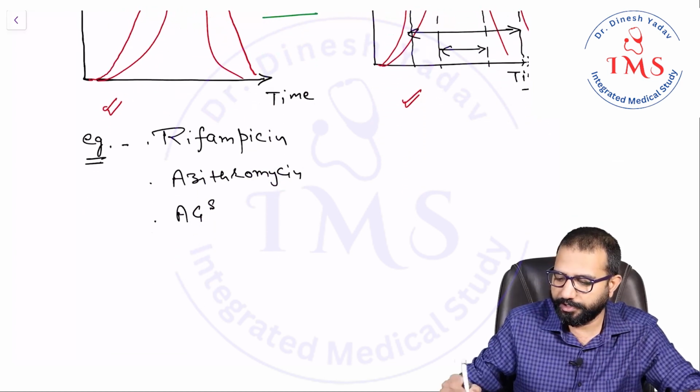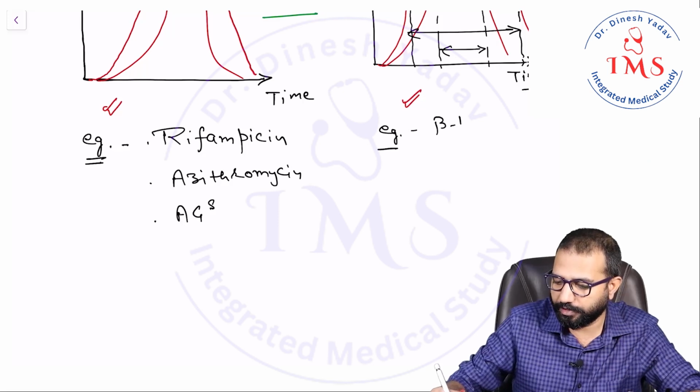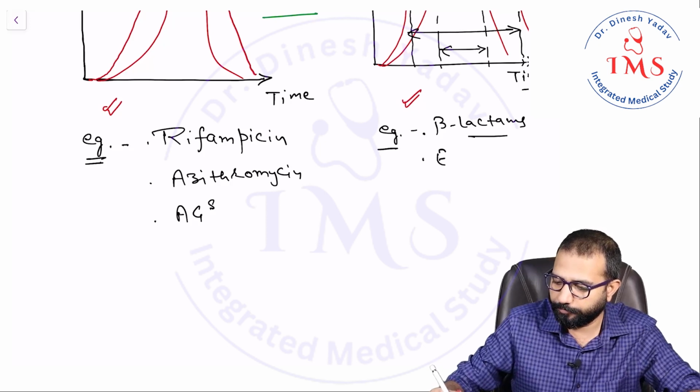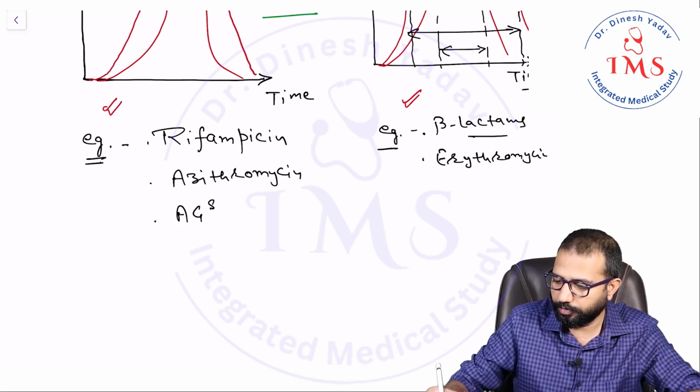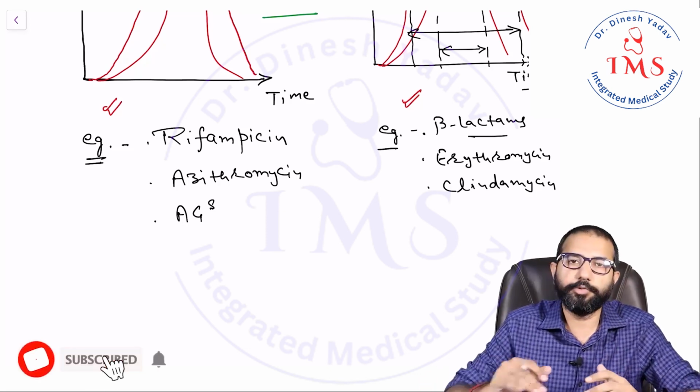In time dependent killing, the important example is beta-lactams, erythromycin, clindamycin. These are some examples which are time dependent killing, means the more the time above the MIC, the more effective they will be.